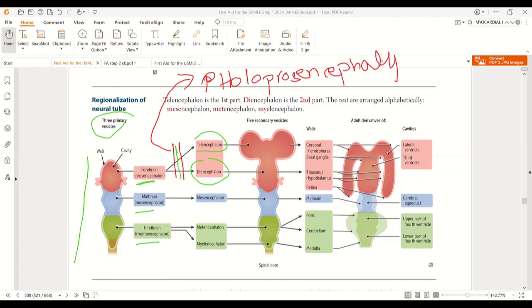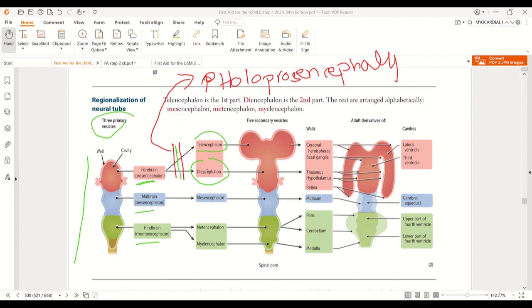Don't worry about this. We will discuss this pathology in detail. So the key thing: the prosencephalon divides into two secondary vesicles, the telencephalon and diencephalon.